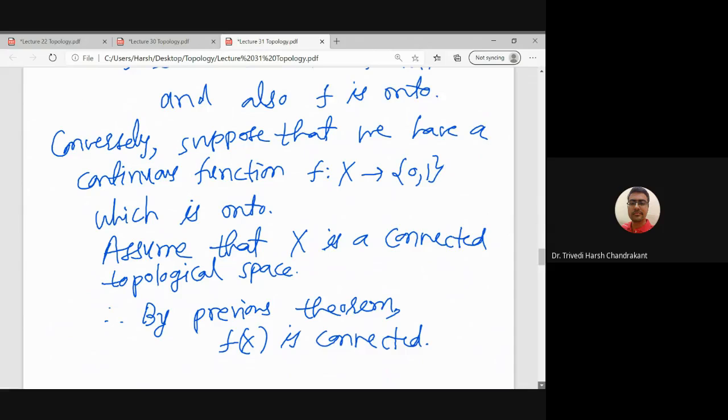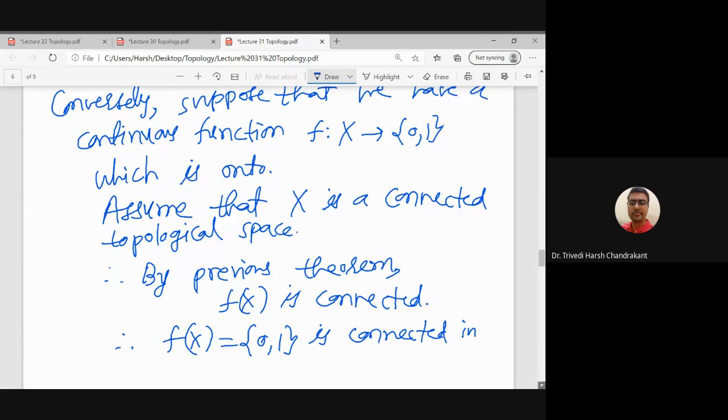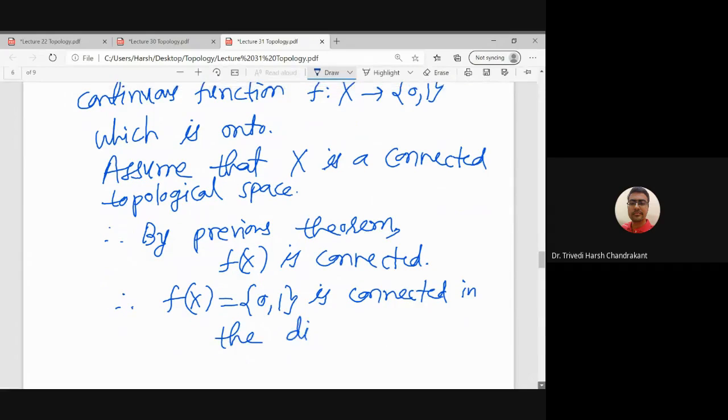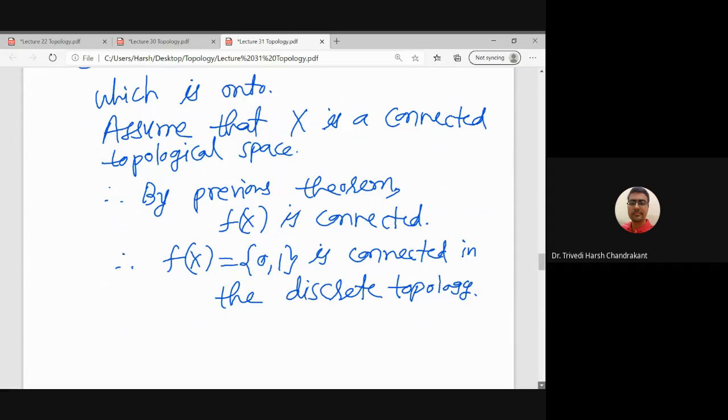So what is f(X)? f(X) is basically {0, 1}, which is connected in the, what is the topology given here? Discrete topology. Now the question is whether {0, 1} is connected in the discrete topology or not.